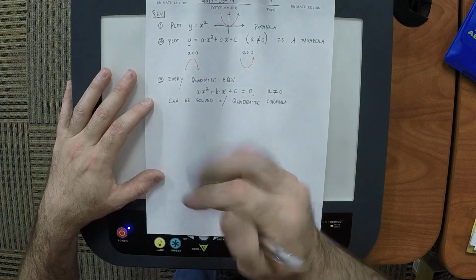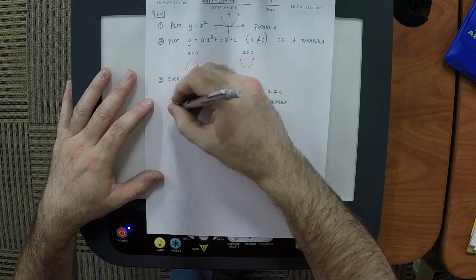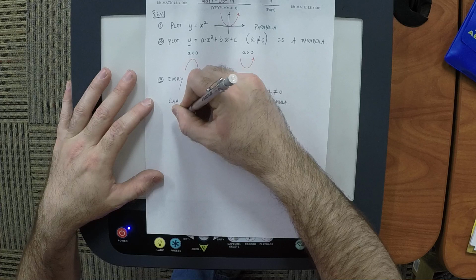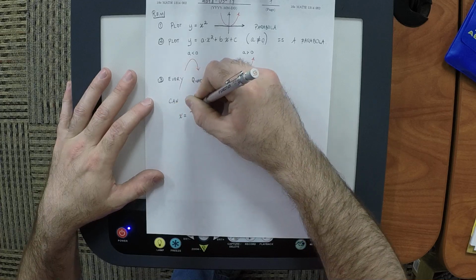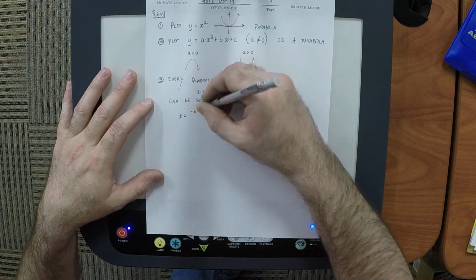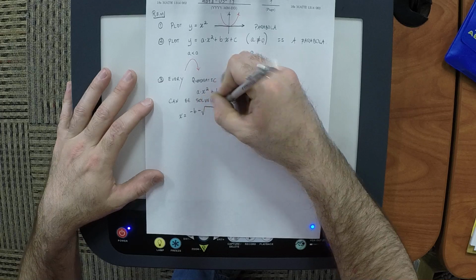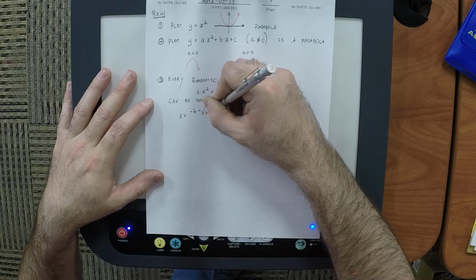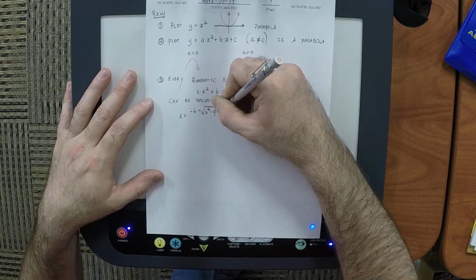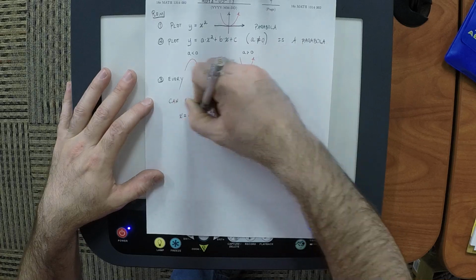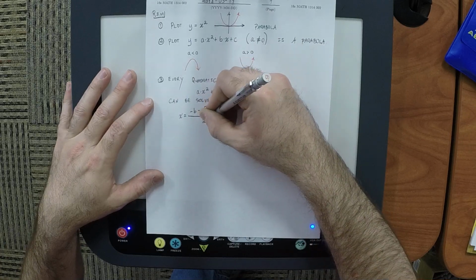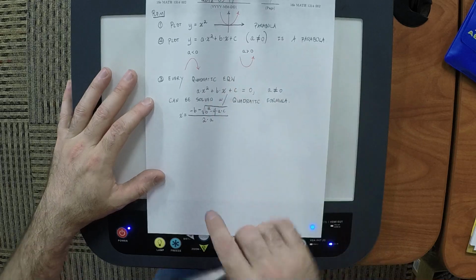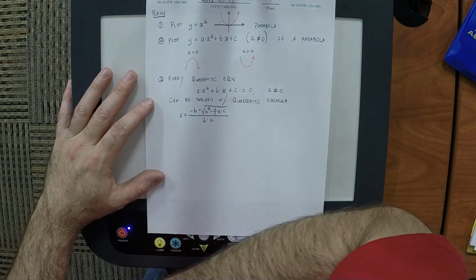So that's one of the things that you're required to memorize. Here, we'll copy it again. So x is negative b subtract square root b squared minus 4ac over 2a. That's one of the solutions to that quadratic equation.